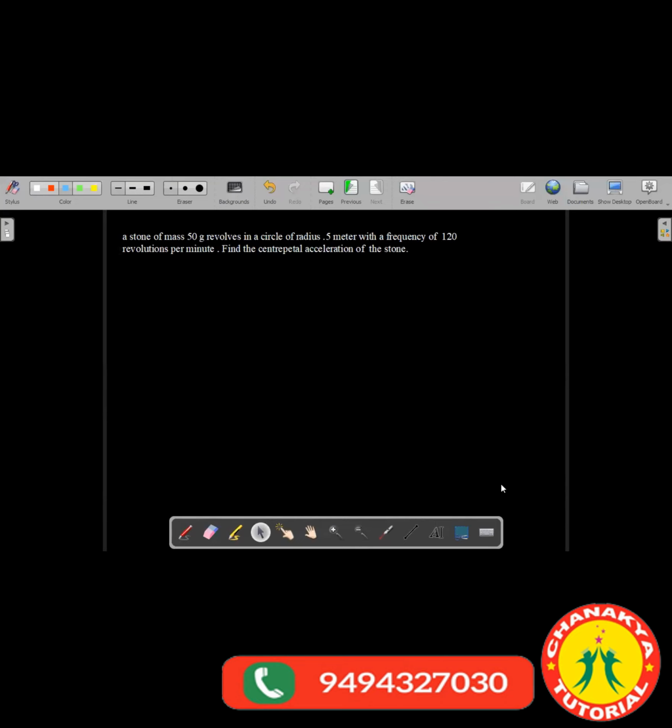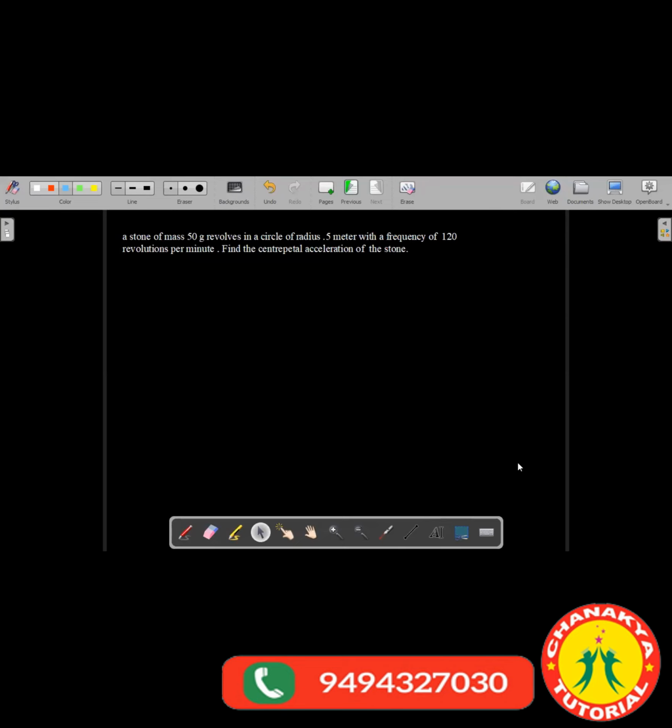Can you find out? Just check it once. You are given the number of revolutions per minute. The number of revolutions per minute is just called the frequency.